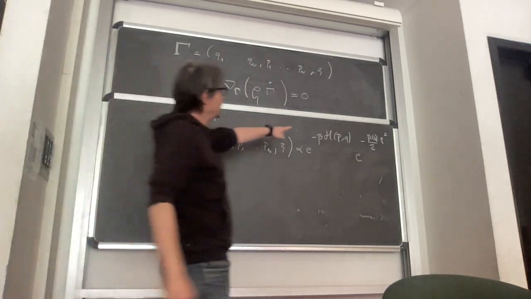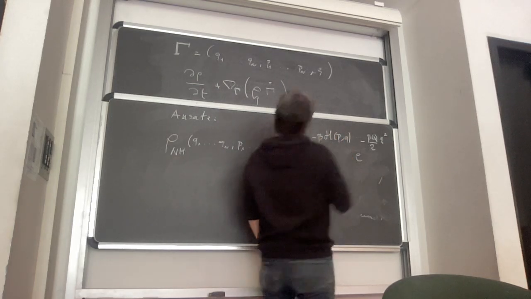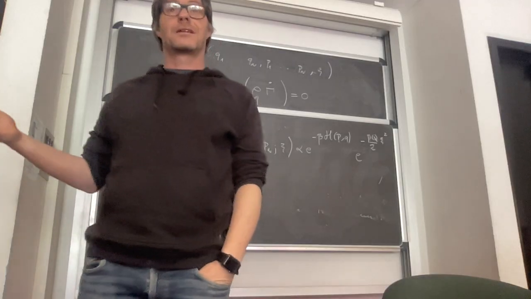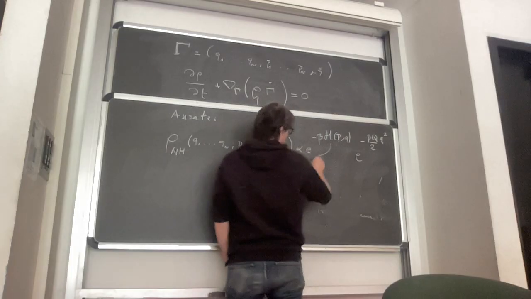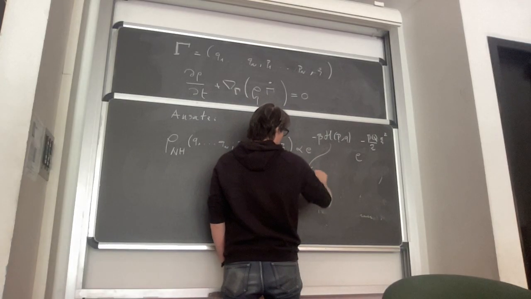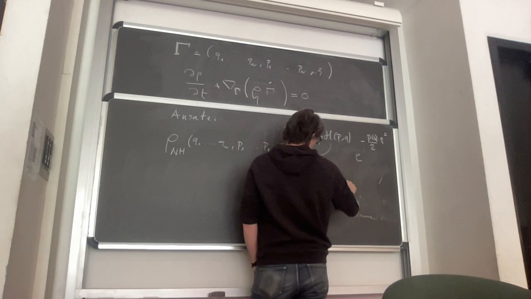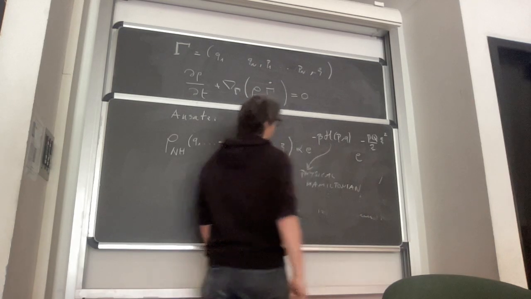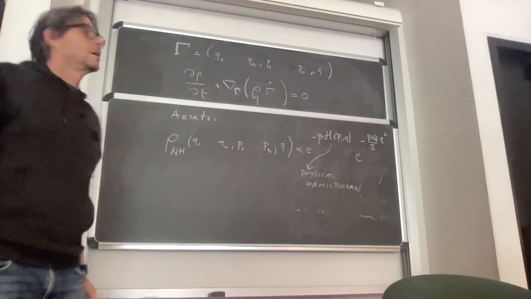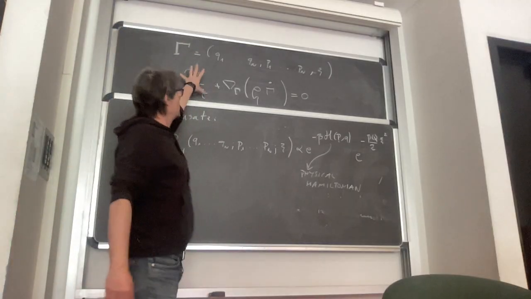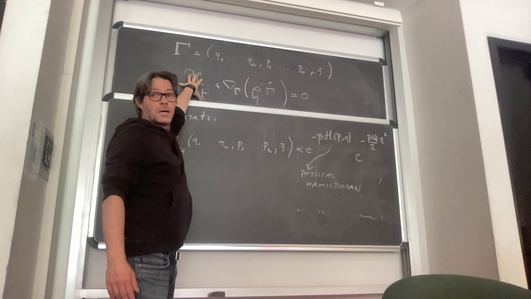Now, this time, PQ, HPQ is the physical Hamiltonian, not the Hamiltonian of the extended system. Now, if I can show that this ansatz solves this equation with the time derivative equal to 0, then I'm done.